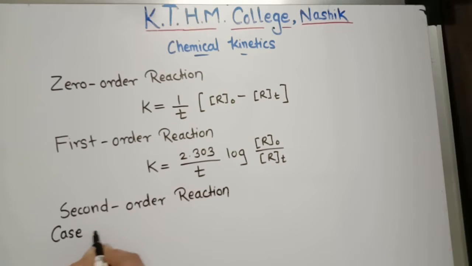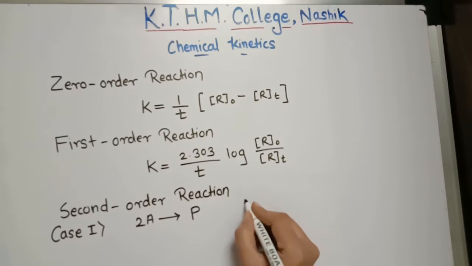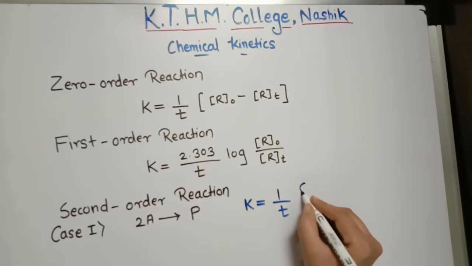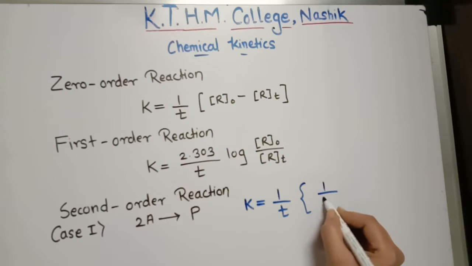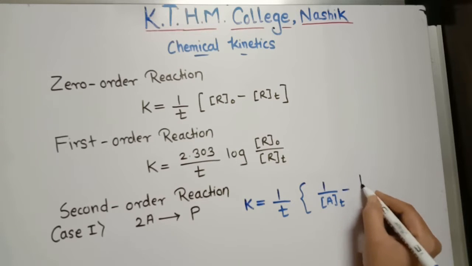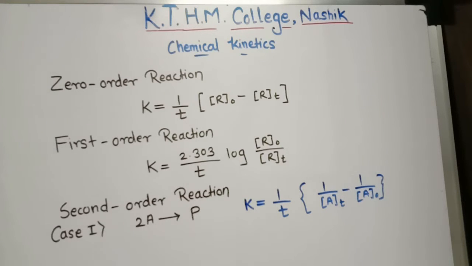Case 1: 2A gives the product P. For such a reaction, K was equal to 1 upon t into the bracket 1 upon concentration of reactant at time t minus 1 upon concentration of reactant at initial level. Here I have taken A because the reactant is A.